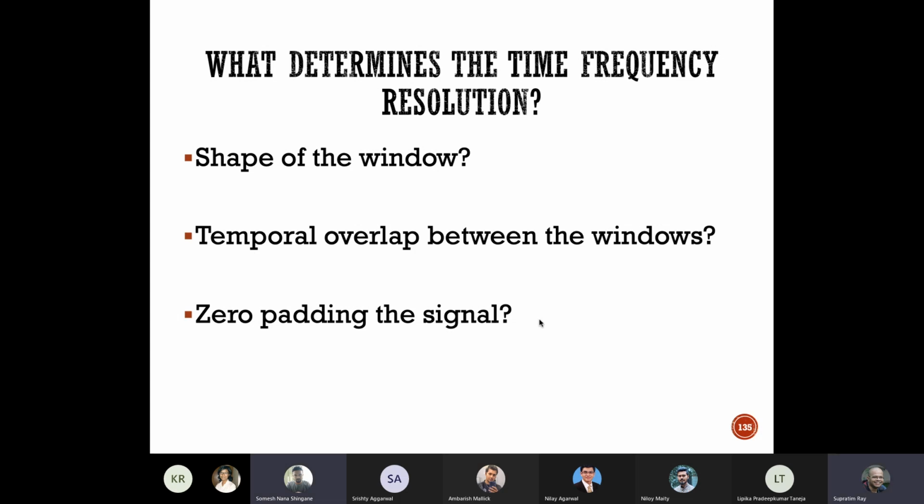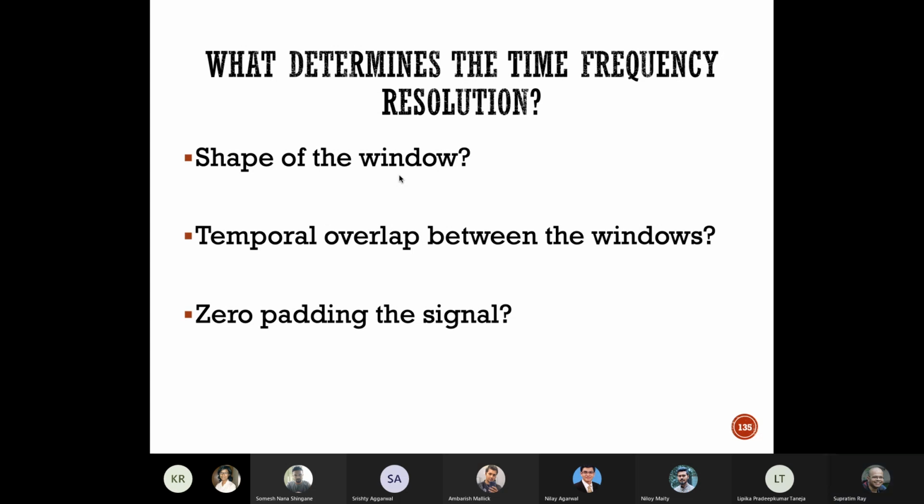Yes, sir. Okay. So the time frequency resolution is actually not dependent on the temporal overlap between the windows, nor is it dependent on the zero padding. It does depend on the shape of the window, which I will cover towards the later part of today's class.